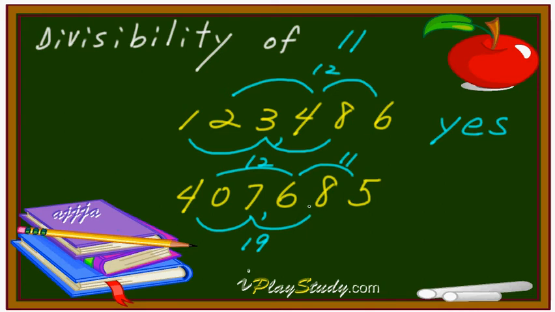So say again: the difference should be 0, or 11, or 22, 33, and so on. Then that's divisible by 11. That means this one is no.